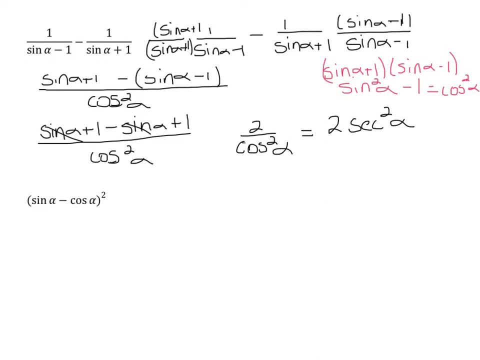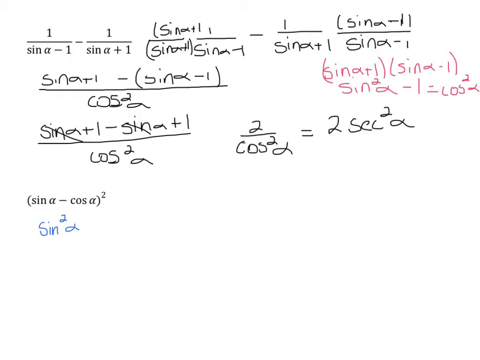The next one's not quite as hard. We're just squaring this one. So you can actually just use the rules of squaring. It would be a squared plus 2a times b plus b squared. So a squared gives me sine squared.